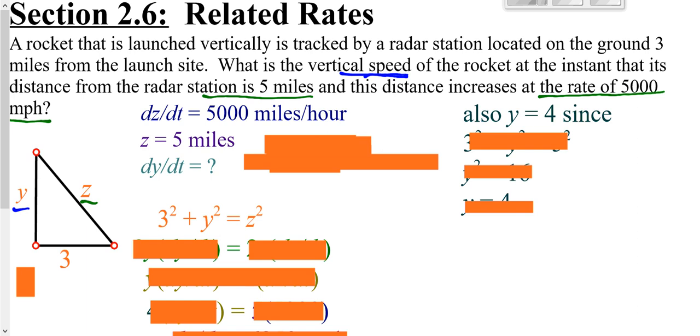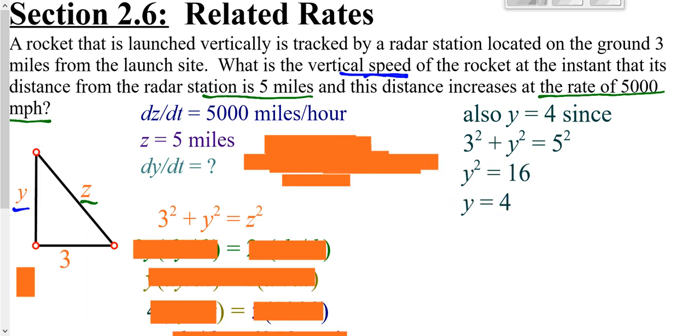Well, how do we know that? Pythagorean theorem, 3 squared plus y squared is equal to 5 squared. So you subtract 3 squared from both sides, you get plus or minus 4, but in the context of the problem, we can't have a negative value for our height. So that's what we have.